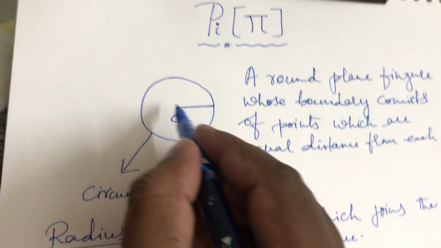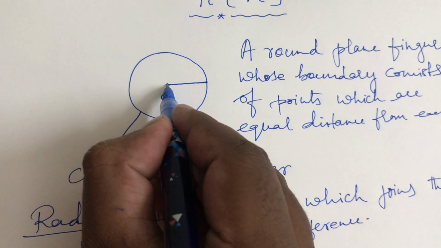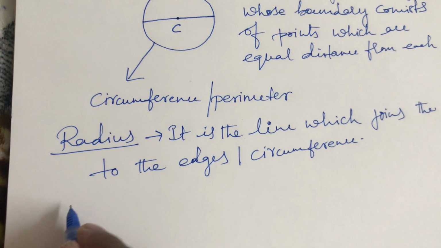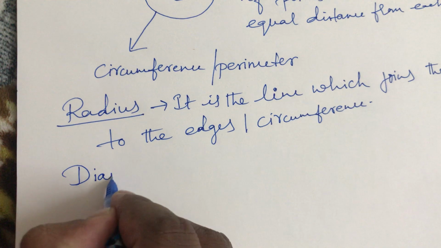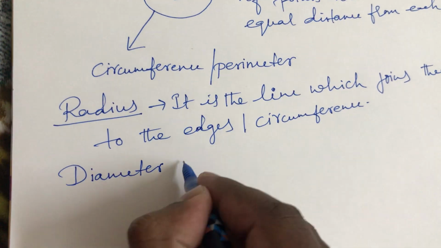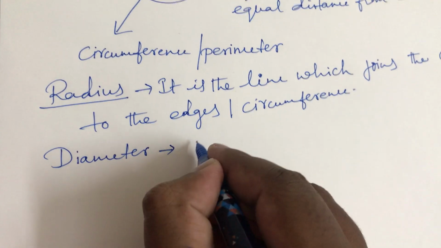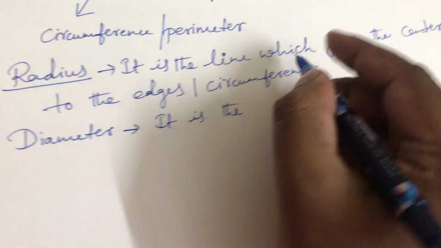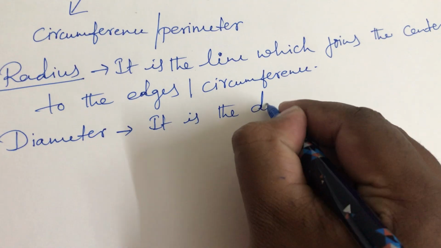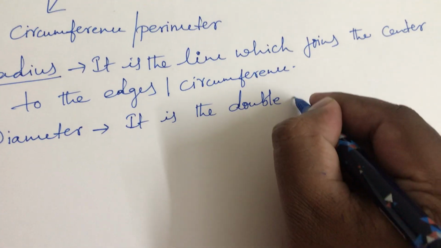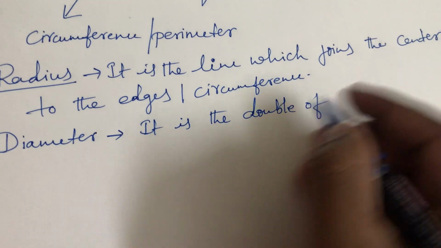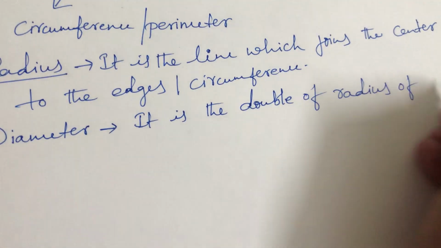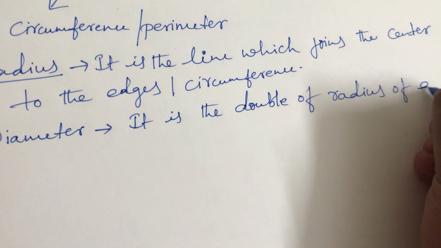Okay, and if you extend the radius up to another edge, we will call it the diameter. It is double the radius of a circle.